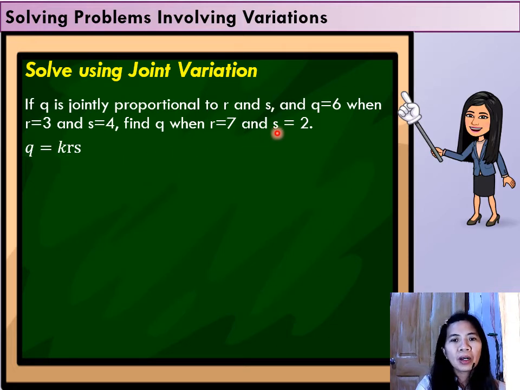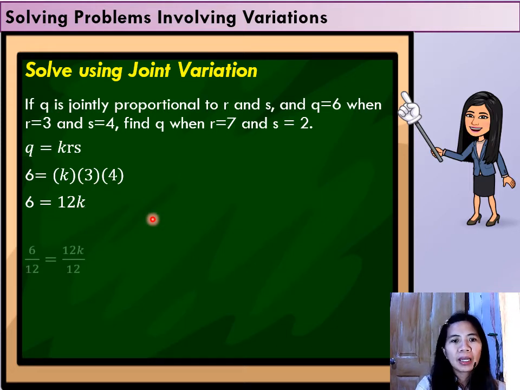Now, given these values, we can solve for the value of K. So we have the value of Q is 6, the value of R is 3, and the value of S is 4. Simplifying, we have 6 equals 3 times 4, which is 12K.